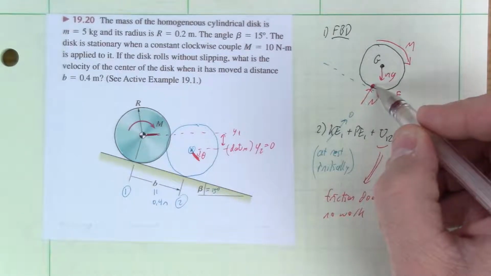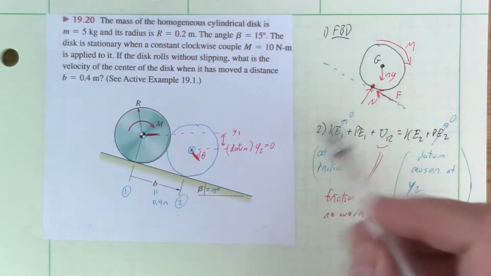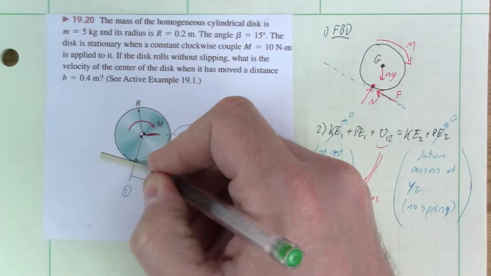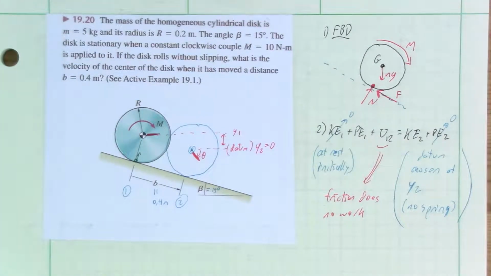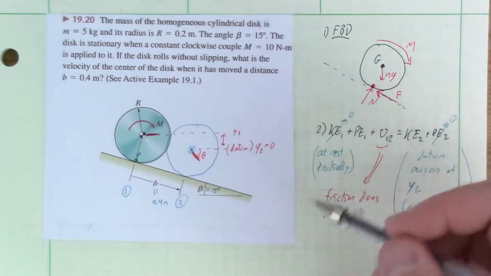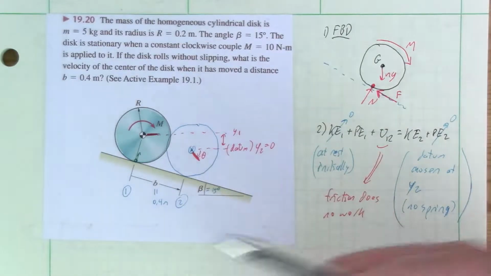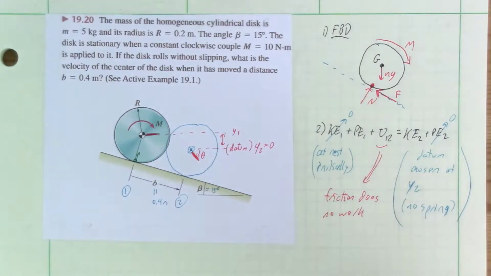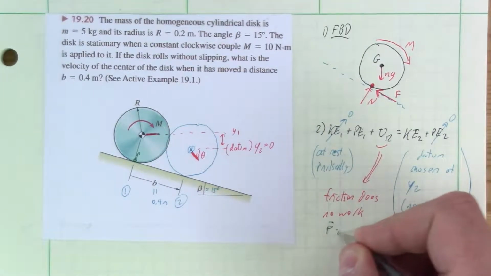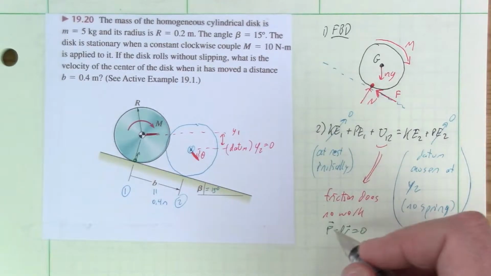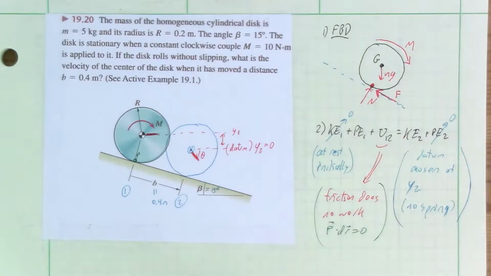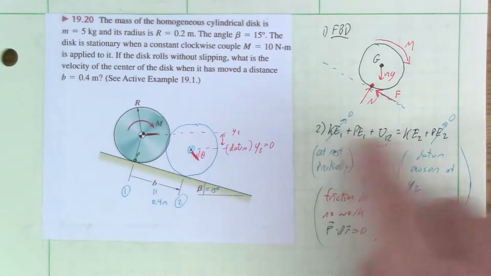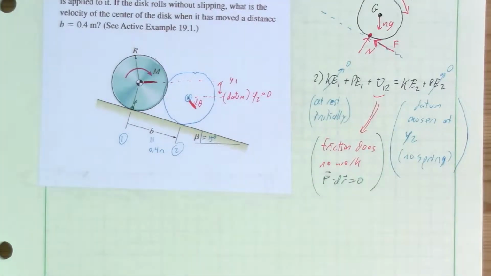I don't want to make this diagram any more confusing. Actually, we could do it over here. The motion of this contact point here is upward. That would be the change in position of that point. And with friction acting there, those are perpendicular to each other. So if friction acts that way, change in position is that way, F dot dr is 0. F dot dr equals 0. But the work isn't 0 because we have a moment there. We have a moment that has nowhere else to go, and so we're going to put it into that term.